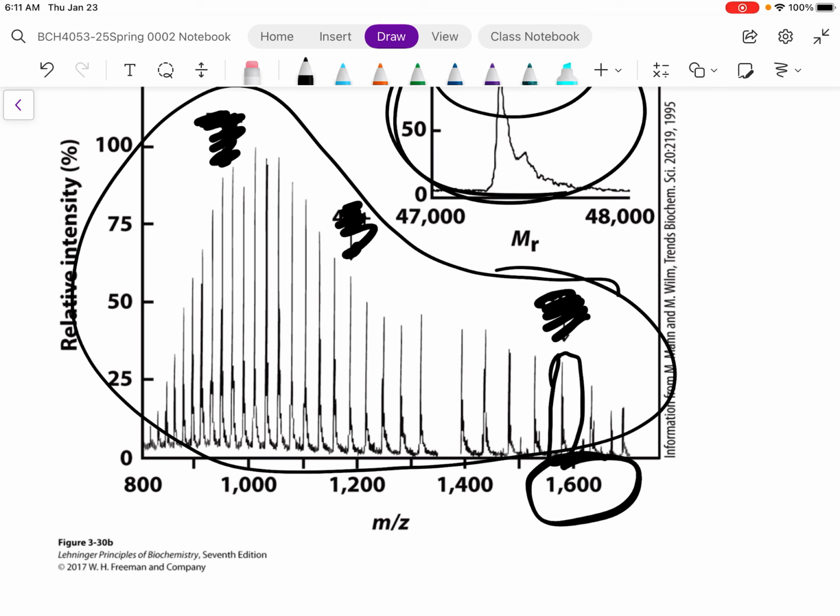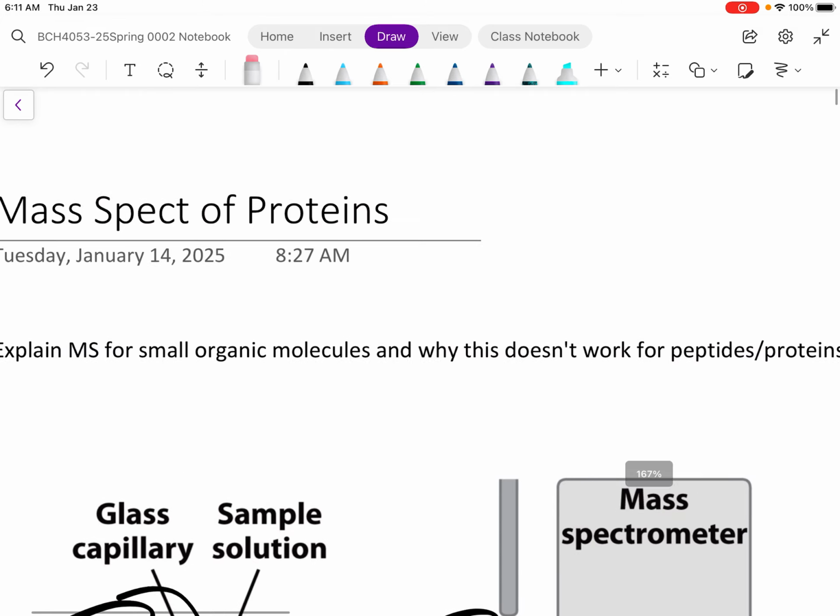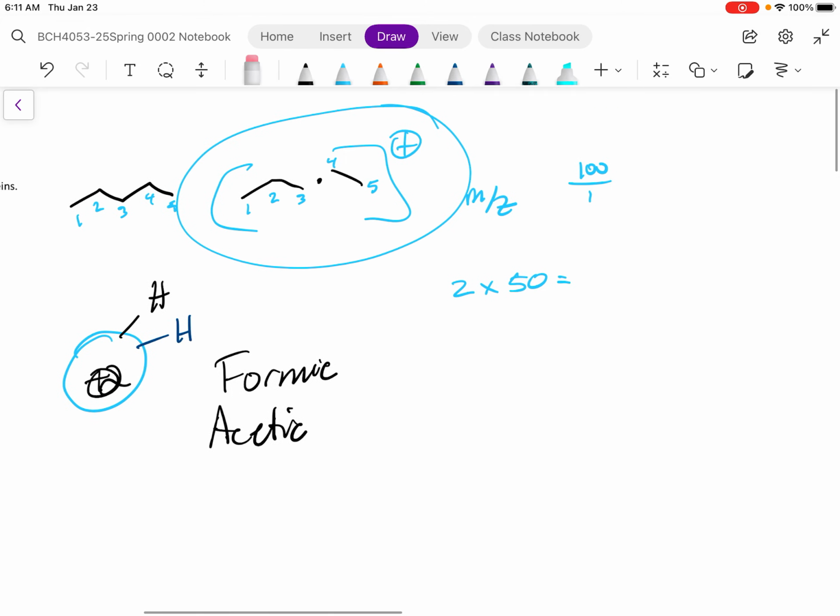But we see here that it's a plus 30. Now let's think about this for a second. I just gave you an example where we just multiply by 2. That makes sense because we just knocked off an electron.